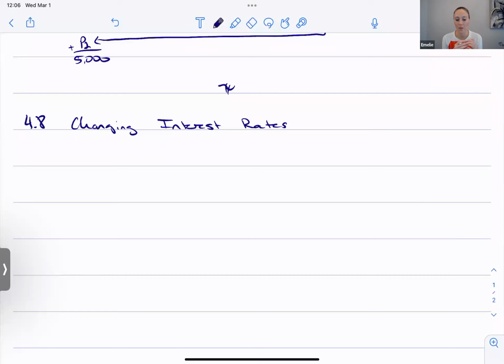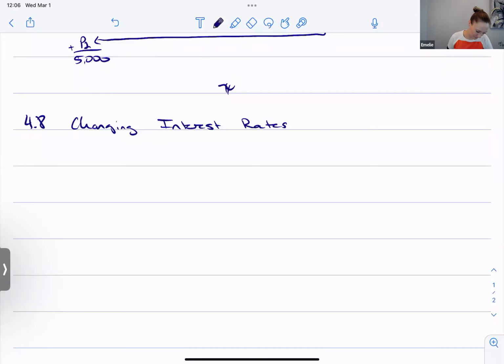So for example, you get 2% to start, and then if you keep your money there for 6 months, they reward you by bumping it up to 2.5%. And then every 2 years or something, it increases by 0.5%, as a reward for keeping your money there. And so that can happen.